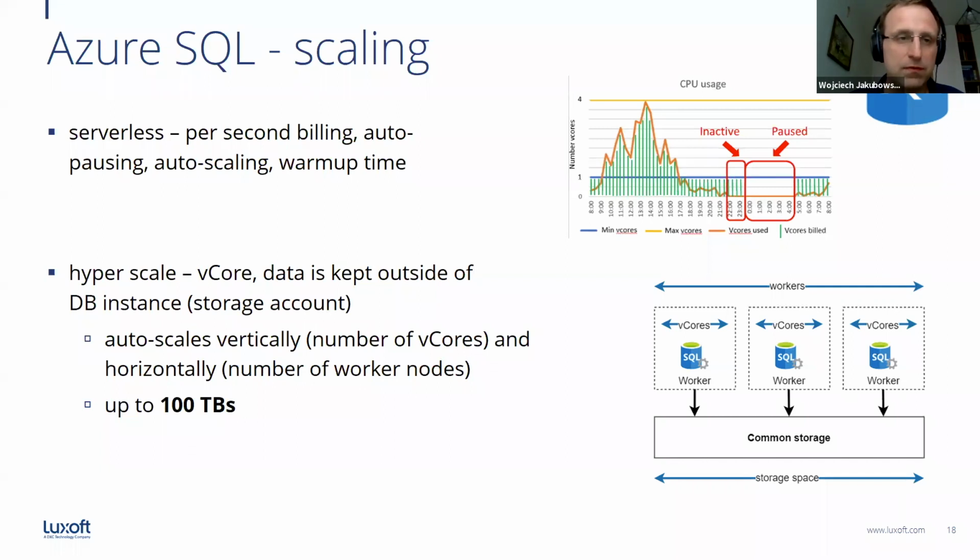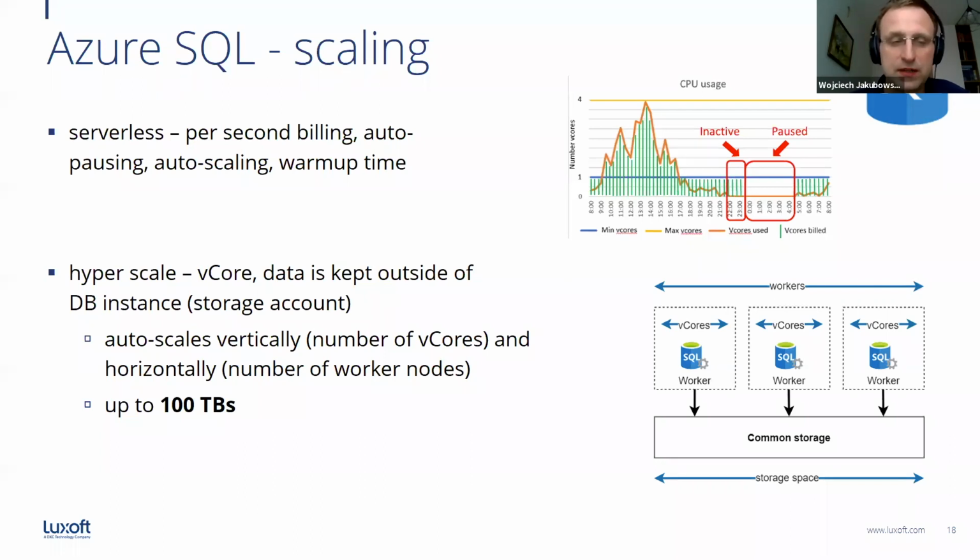This particular offering is targeted at scenarios where the database is rarely used and you want to optimize costs. And there's also Hyperscale, where the data is kept outside of the DB instance on a storage account.